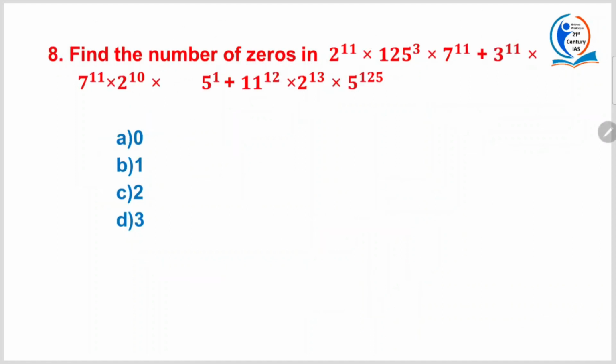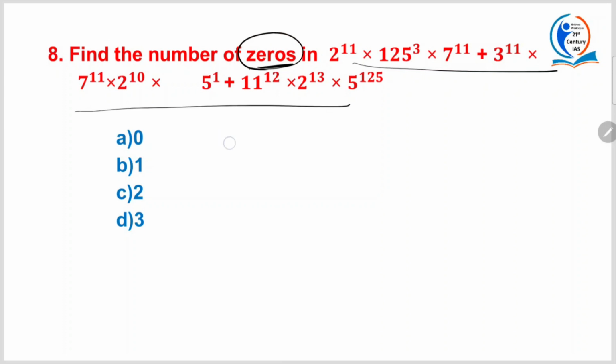Alright, now next, find the number of zeros in this particular equation. See, at the first instance, it might look like a very tough problem, because if you are multiplying 7 power 11 into 125 cube into 2 power 11, oh my god, it will take more than half an hour. But they are asking you to find the number of zeros. Now, how will you get a zero?